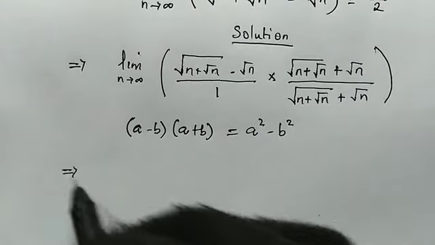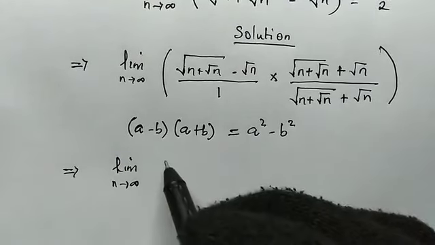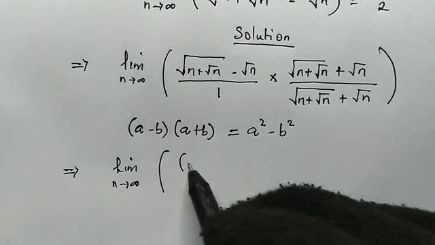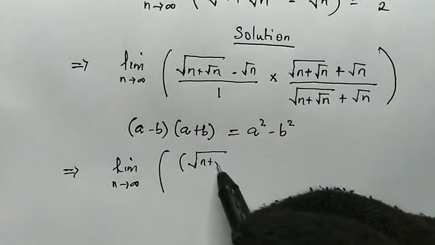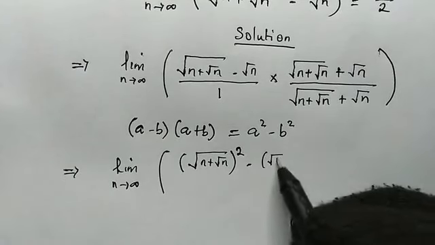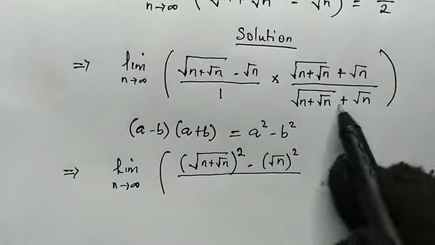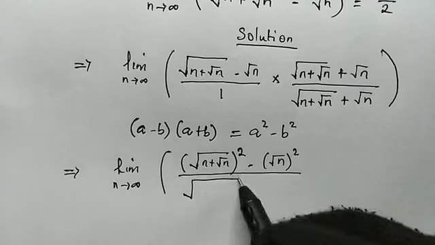So our limit will be the limit as n approaches infinity. Right over there, that will be square root of n plus root of n squared, then minus root of n squared, then divided by 1 times this is that, right?